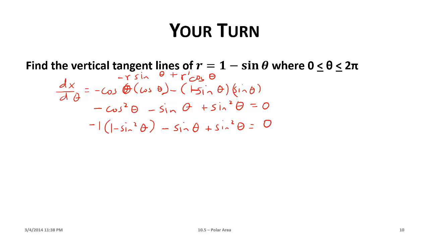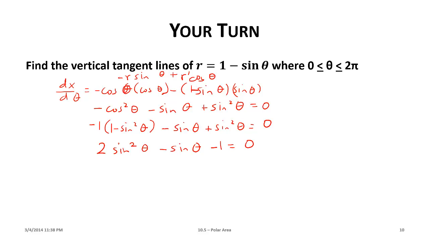Go ahead and clean this up. As we clean this up, we can distribute the -1 to the 1 and the sine squared theta. So we end up having a positive sine squared theta plus a sine squared theta equals 2 sine squared theta, minus sine theta, negative minus 1 is going to be -1, equals 0 as we combine like terms.